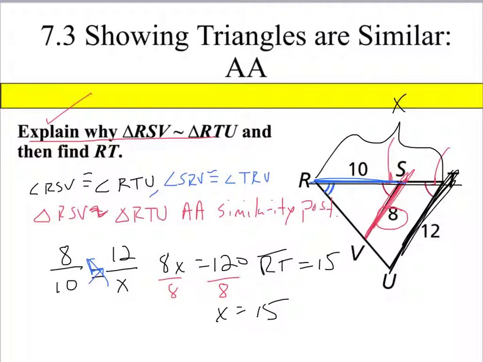In other words, I put SV, which if you look at this statement right here, I put SV over RS, which is the first one. Okay, then I used TU, which is in the second and third position in my similarity statement, over RT, which is in the first two positions. Okay, so I needed to make sure that ratio was the same.